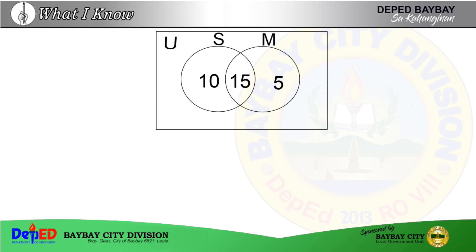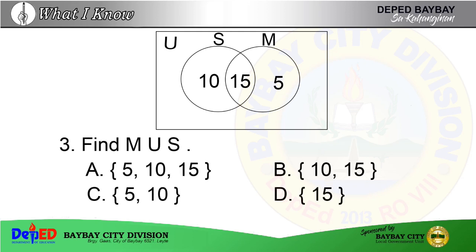For items 3 to 4, a Venn diagram is being shown. Find M union S. Letter A, 5, 10, 15. Letter B, 10, 15. Letter C, 5, 10. D, 15. If your answer is A, then you're right.